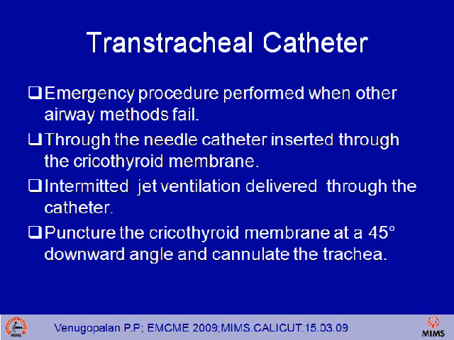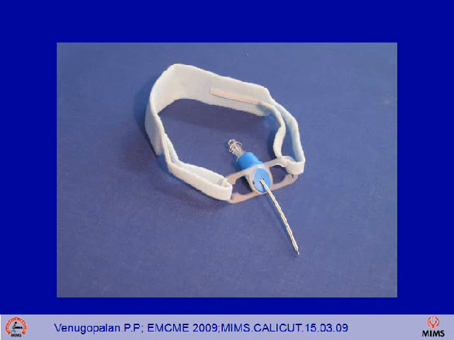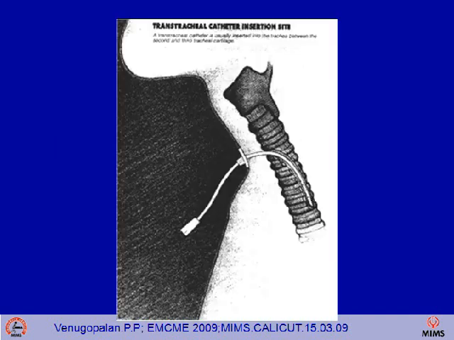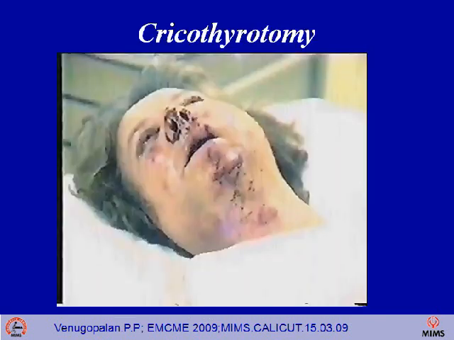The cricothyroid membrane is punctured at a 45-degree downward angle and cannulated. This shows the trachea after the puncture. This video shows how to do it.